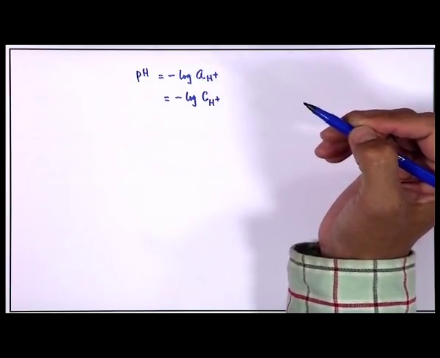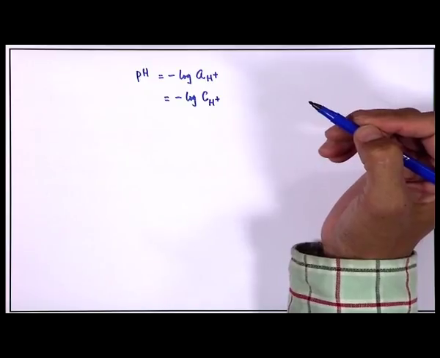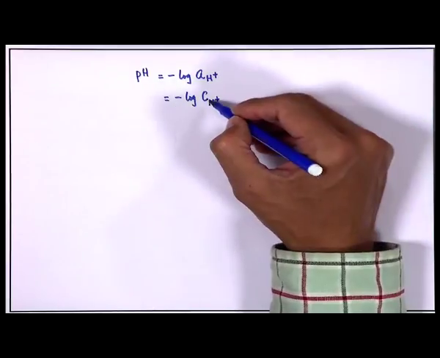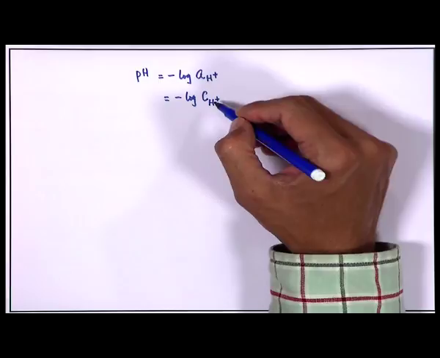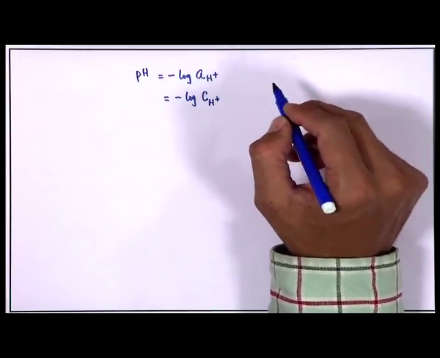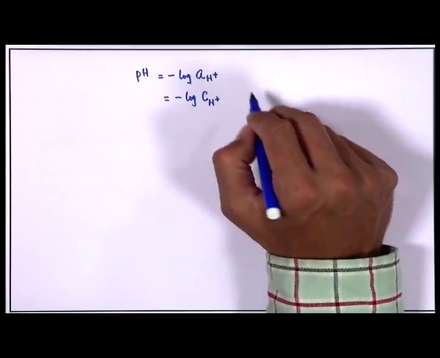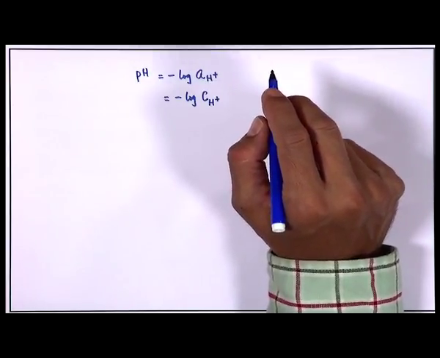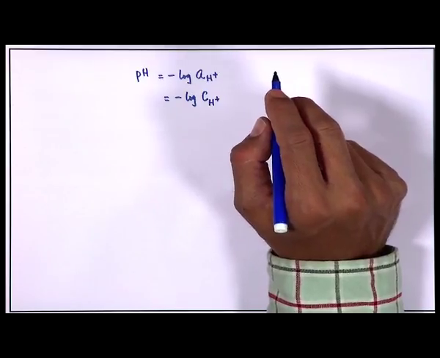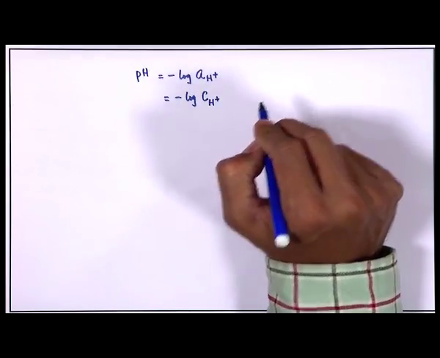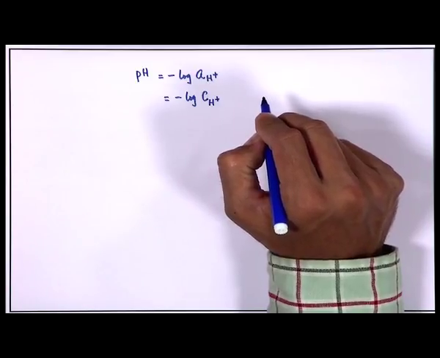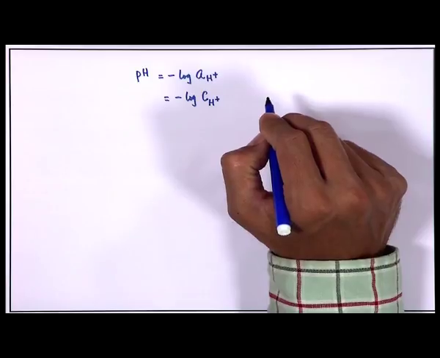Okay. So, how to find out the pH of the solution? pH of the solution means you would like to find out the concentration of H plus. That means you need to look for one half cell which is reversible with respect to H plus. That means the electrode potential of that particular half cell will depend on the concentration of the H plus present there.